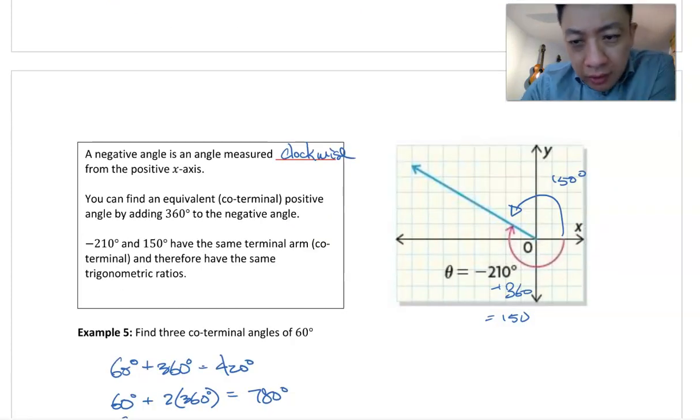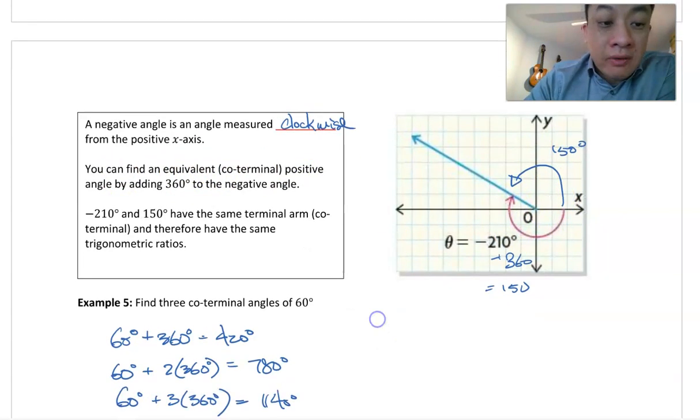Yes, but what about negative? Negative is when we go clockwise, like this gray arrow. You can find an equivalent coterminal positive angle by adding 360 degrees to the negative angle. That's going to be very important. For instance, if I give you a negative angle of negative 210, you go 90, negative 180, and this will be negative 210 right there.